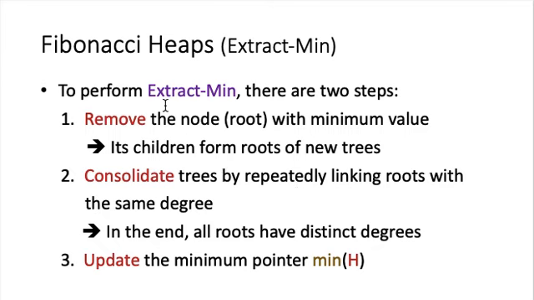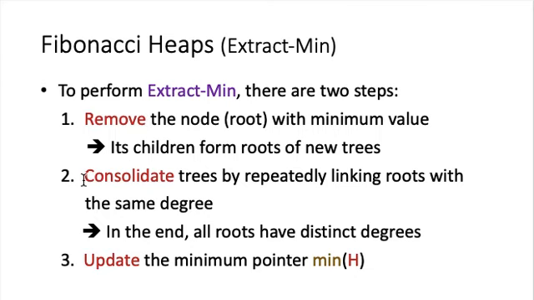Now remember that after this removal of the root node, the current minimum is gone. So we will need to find out the minimum of the remaining nodes. To do so, we have to visit the roots of every remaining tree. So why don't we do something more so that we make the overall structure nicer?